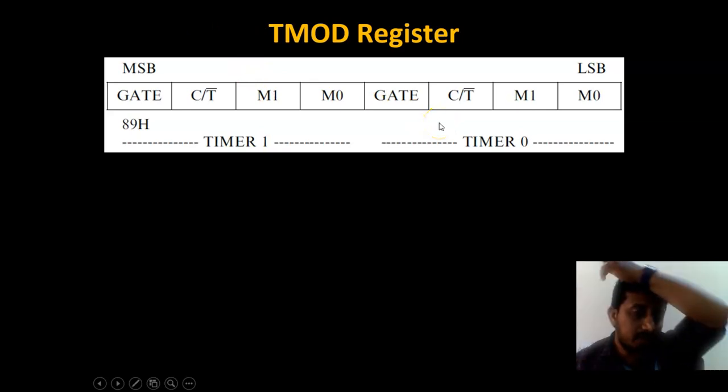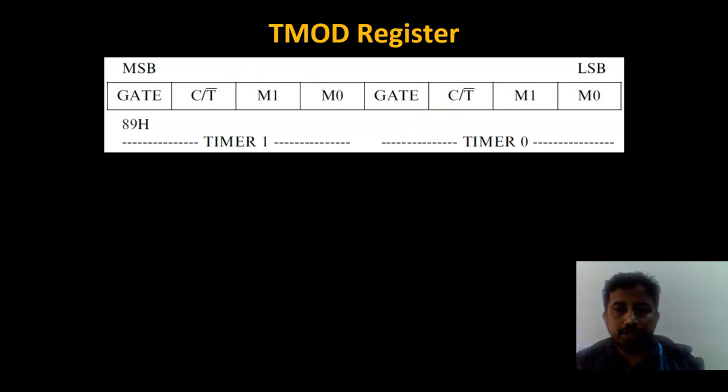Here you will have a set of bits given as LSB and MSB. The lower 4 bits and higher 4 bits have similar composition: M0, M1, C or T, and gate.